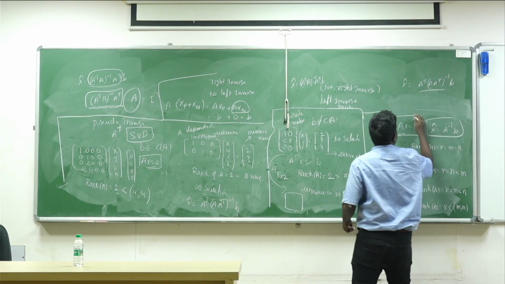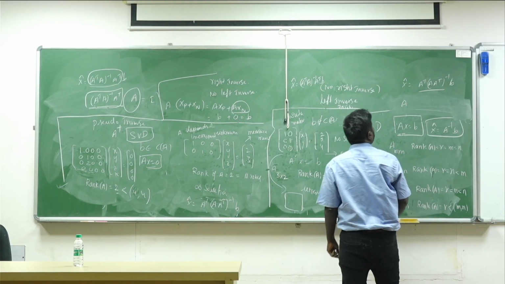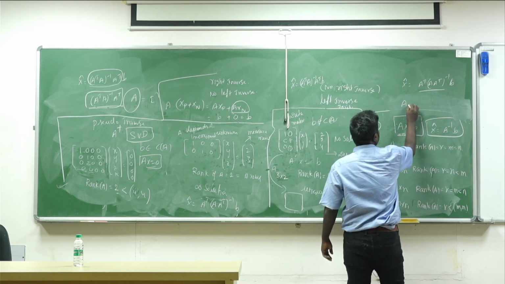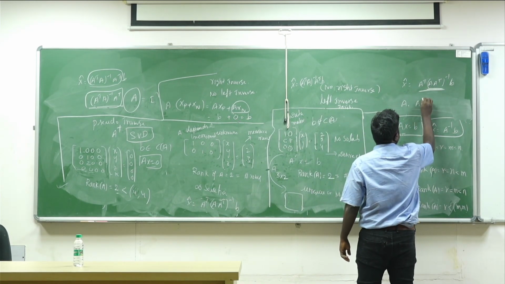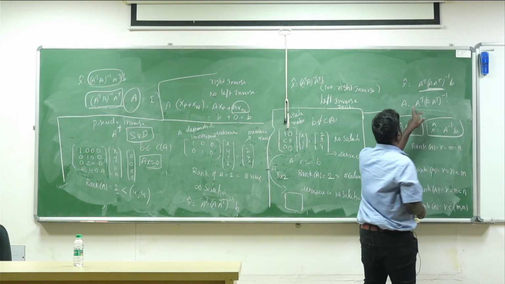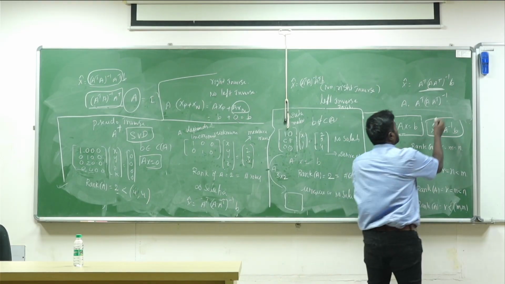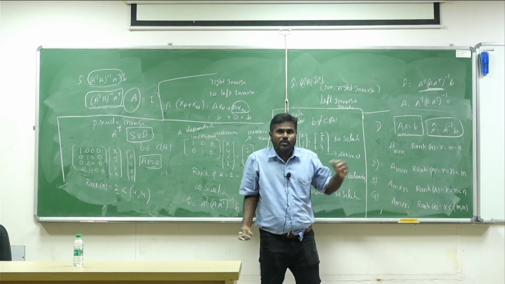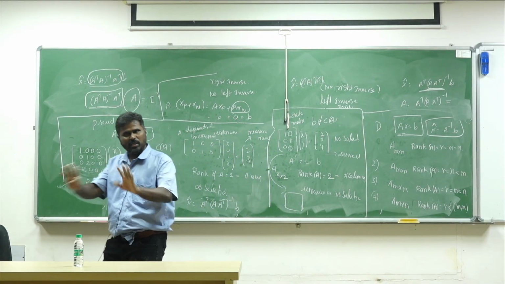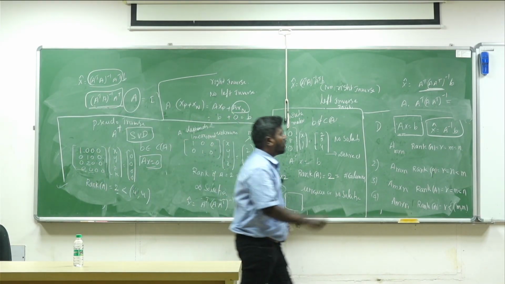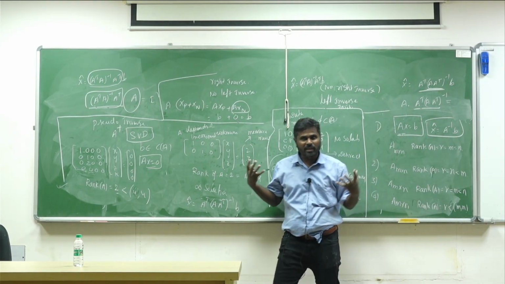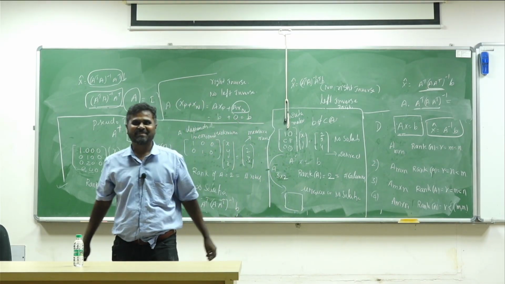I take this solution and keep this term on the right side of A. Then what is this? I. The assumption is that this is invertible. For this case, the A transpose is invertible. Since it is sitting on the right side of A, this is called the right inverse.